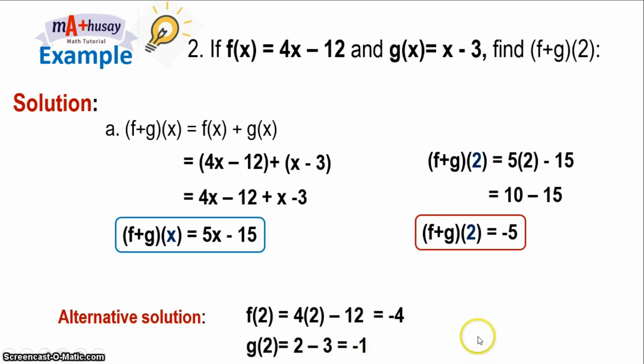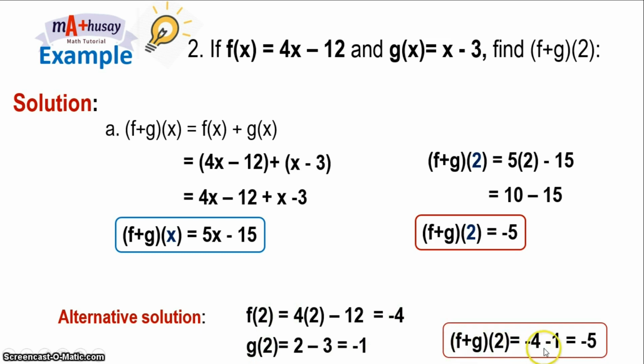So, 2 minus 3, that's negative 1. So, this time, i-add na natin yung dalawang function, f of 2 plus g of 2. Now, we have negative 4 minus 1 is equal to negative 5. See, you arrive at the same answer.